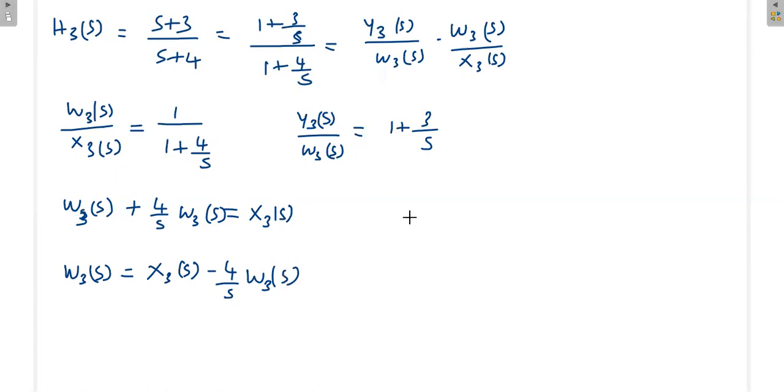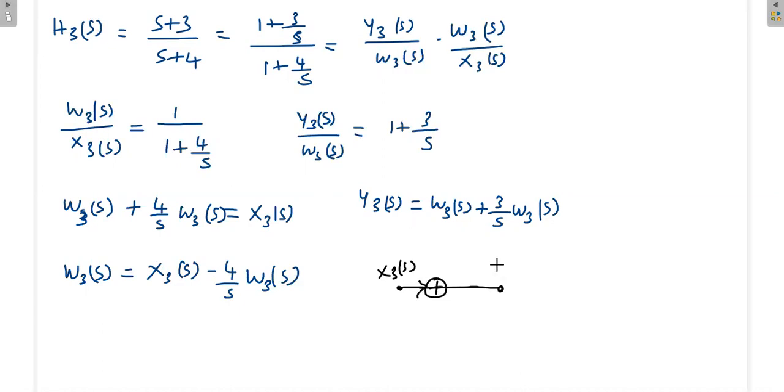Again you cross multiply this, we will be getting Y3(s) is equal to W3(s) plus 3 by s W3(s). Now from these two equations we have to realize. X3 of s is the input, directly we take that input. Again we need to get W3 of s.